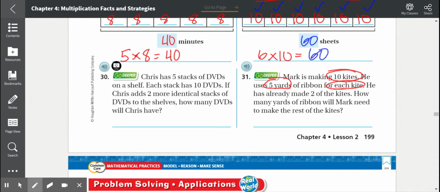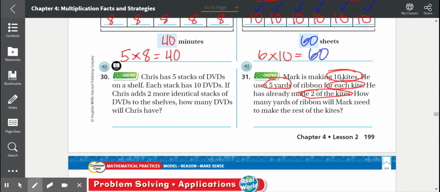Okay, so Mark is making 10 kites. He uses 5 yards of ribbon for each kite. He's already made 2 of the kites. How many yards of ribbon will Mark need to make the rest? Okay. So what do we know?